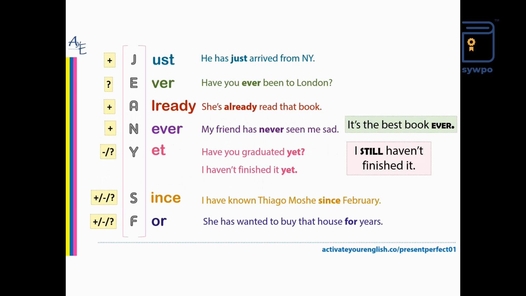So here we are. You can see this slide, I hope it's there. The word just, the word ever, the word already, the word never, and the word yet.